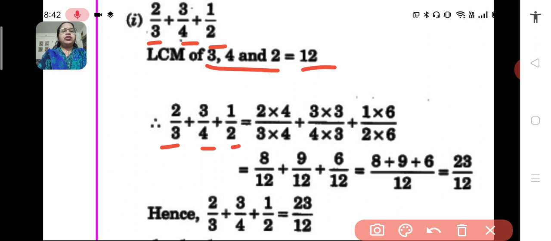So, 2 upon 3 we multiply by 4 to get the equivalent fraction with denominator 12, and the next fraction, 3 upon 4, we multiply both the numerator and denominator by 3, and the next fraction, 1 upon 2, we multiply both the numerator and denominator by 6 to get the equivalent fraction with the denominator 12. So, what do we get?